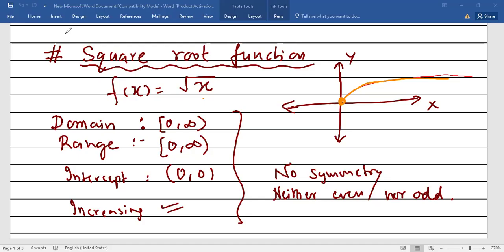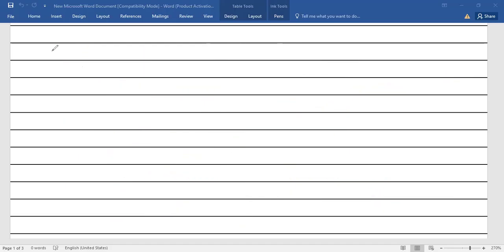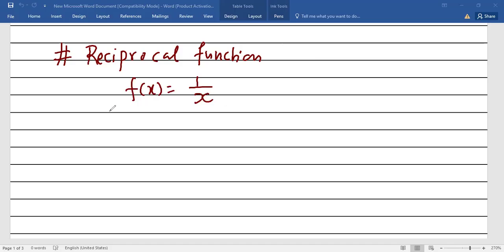Okay. Now we will look into the next parent function, that is the reciprocal function. As you know, the reciprocal function means we will write f(x) is equal to 1 over x. Now just think of it.